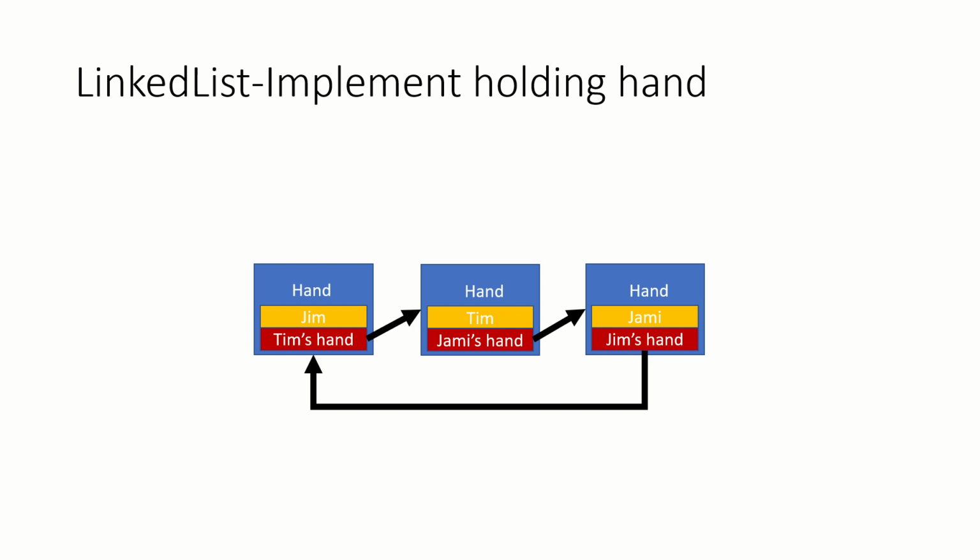If each hand is an object of the hand, this object should contain the property, the hand name, and the reference to the next hand, right?